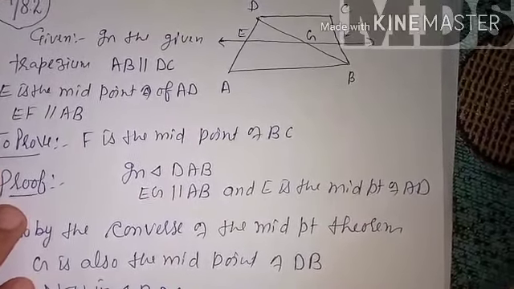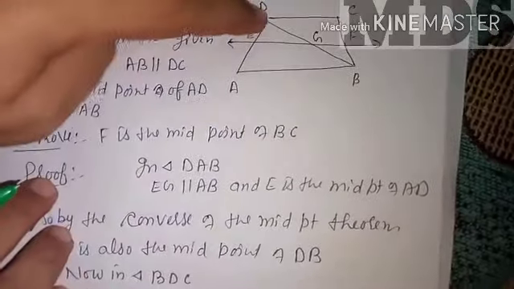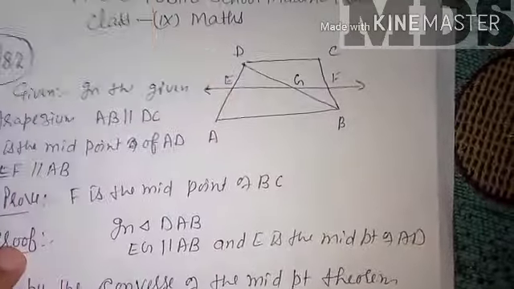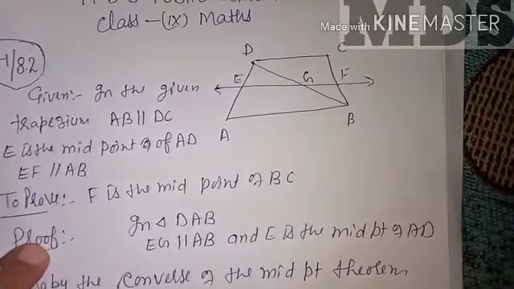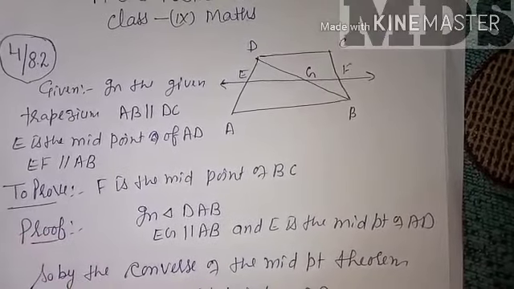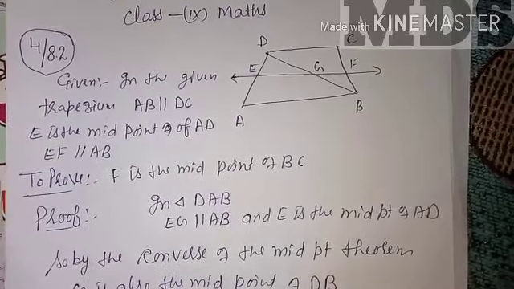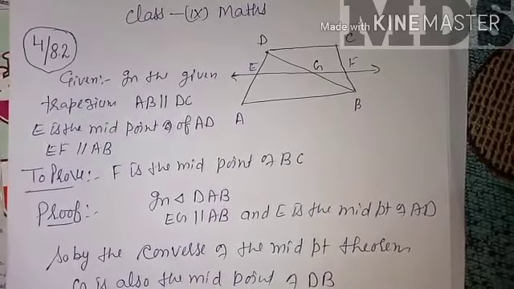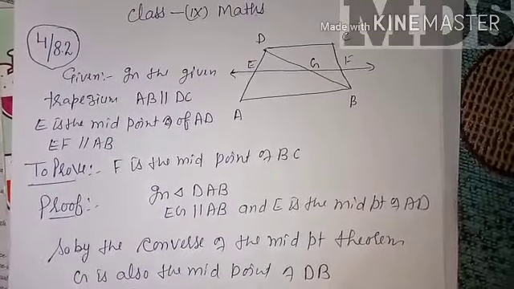Given, to prove, you can write. First take triangle DAB, E is the midpoint and EG is parallel to AB. So by the converse of the midpoint theorem, G is also the midpoint of DB. After that you can take triangle BDC.